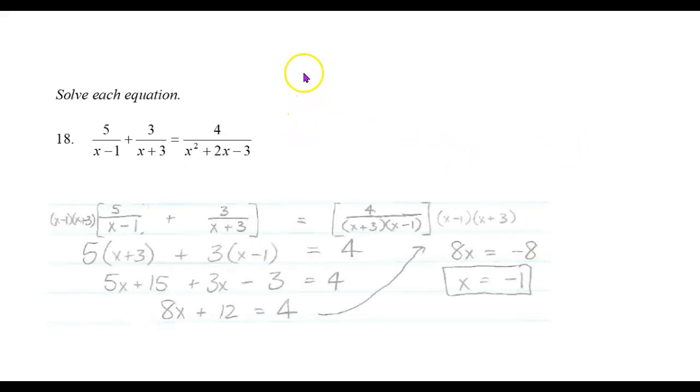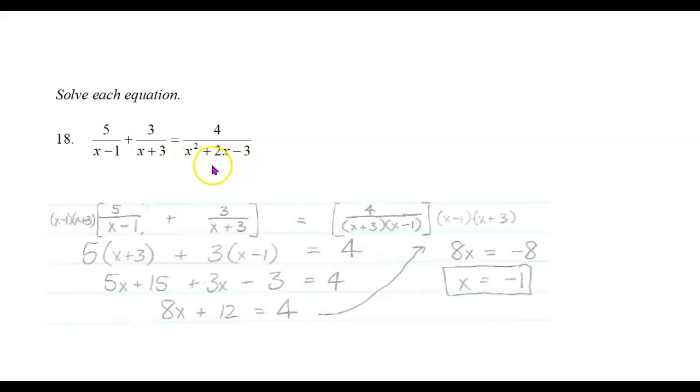Now we're solving equations that involve rational or fractional expressions. So our plan of attack for solving an equation like this is first factor the denominators so we can see what we would need to do to cancel out all those denominators.